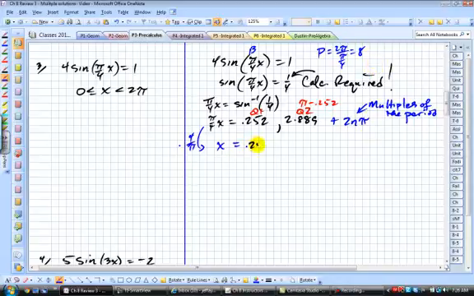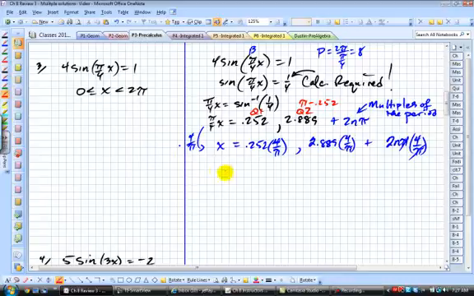So I need 0.252 times 4 divided by pi. That's my first solution. Then I take this one, 2.889 times 4 over pi, plus my period, 2n pi times 4 divided by pi, which, check it out, you get 8n. That's my period of the original function. All right, that's how I get a lot of solutions.